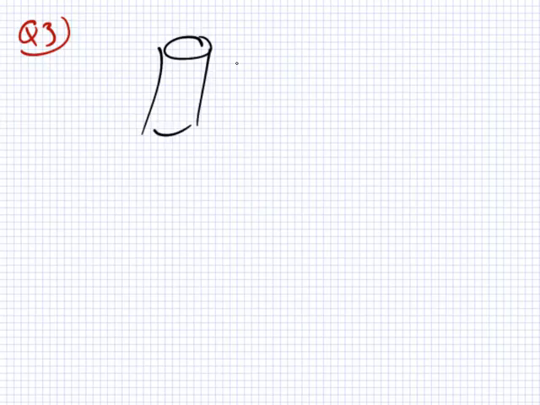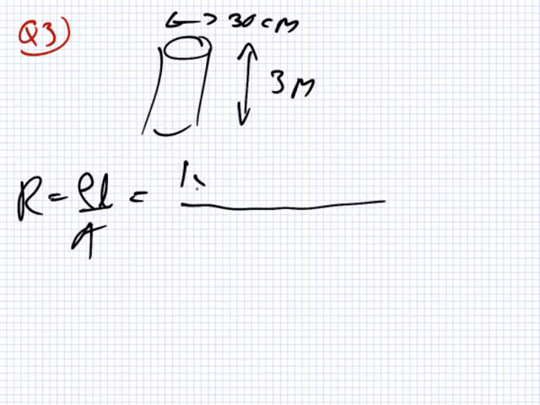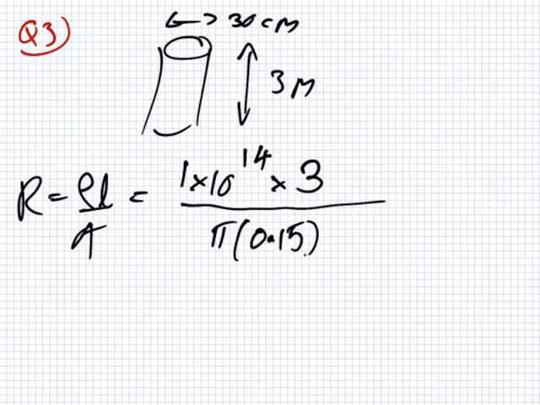A bolt of lightning strikes a tree that is 30 centimeters wide and 3 meters tall. How much resistance is the tree? Okay, 3 meters tall, 30 centimeters wide, resistance is rho L over A. And what is it for wood? 1 over 10 to the power 14, multiplied by 3 over pi r squared.